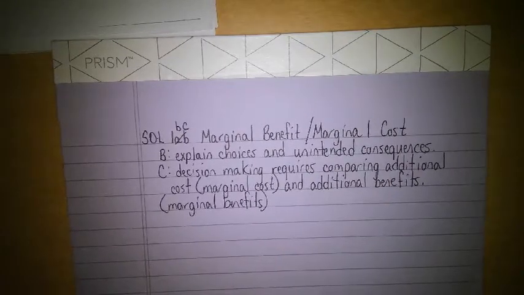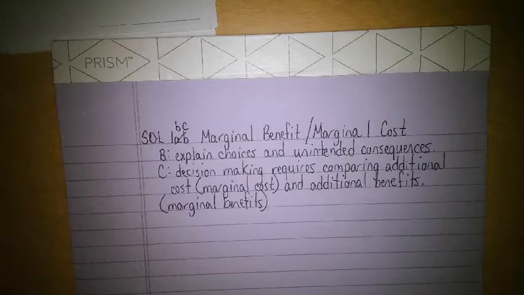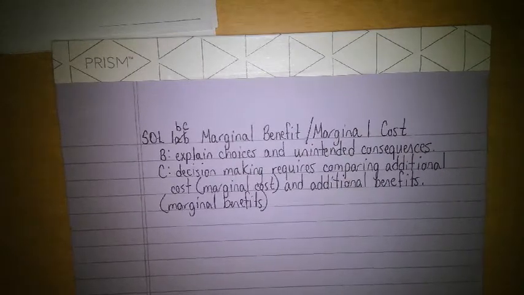Now, you guys know as well as I do, sometimes when we make a decision, things happen that we did not intend for them to happen. You guys understand that? It happens in business. It happens when we go buy things. It happens all the time. All right? So the first little note that I would make underneath SOL 1B is that I would put down what is an unintended consequence.